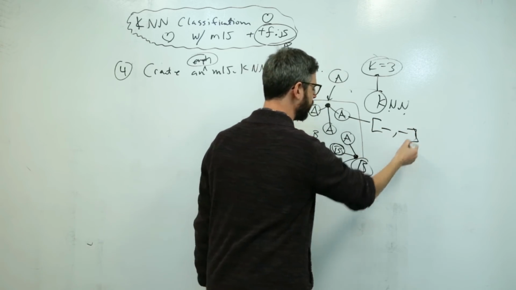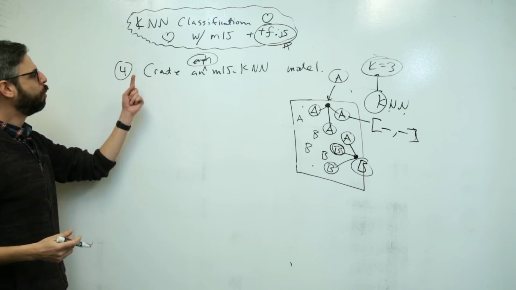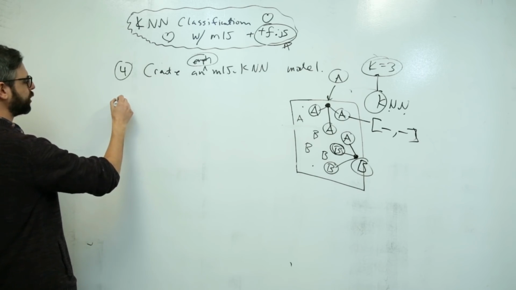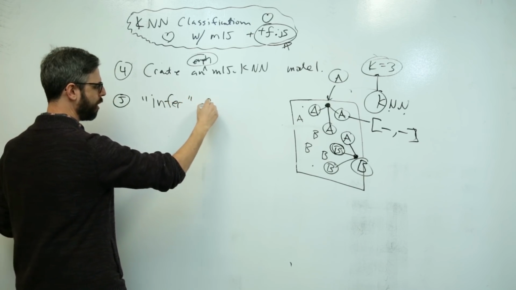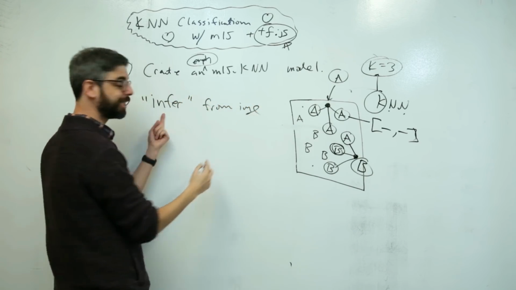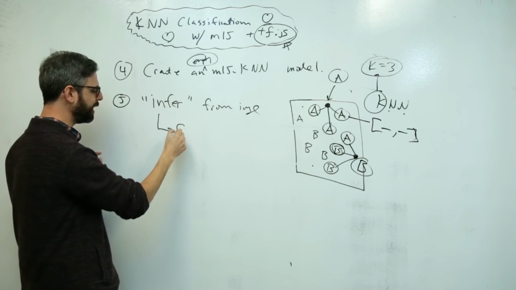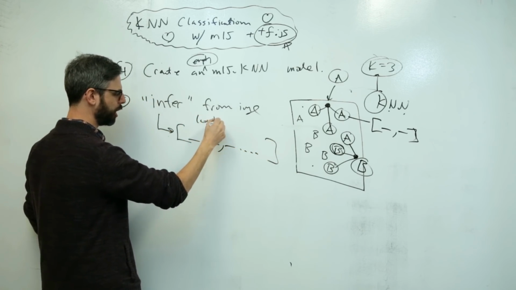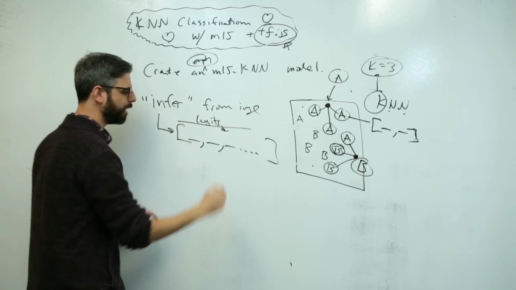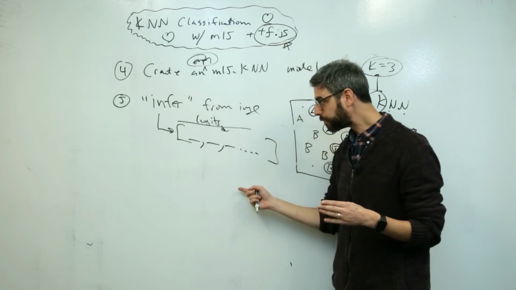It's x and y coordinate. But what the feature extractor does, so I'm going to say infer from an image, remember this step from the previous video. This gives us 1,000 logits, a list of 1,000 numbers.